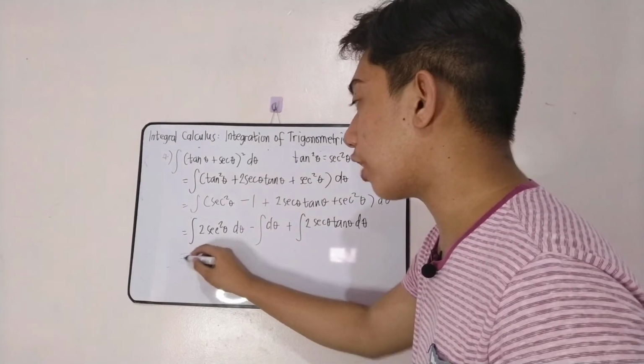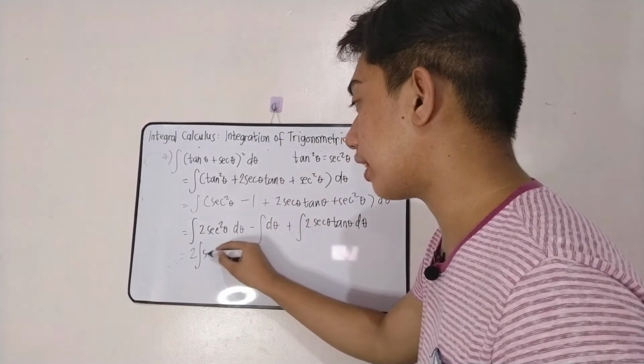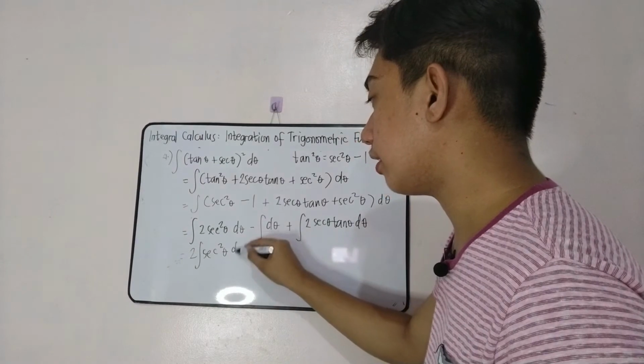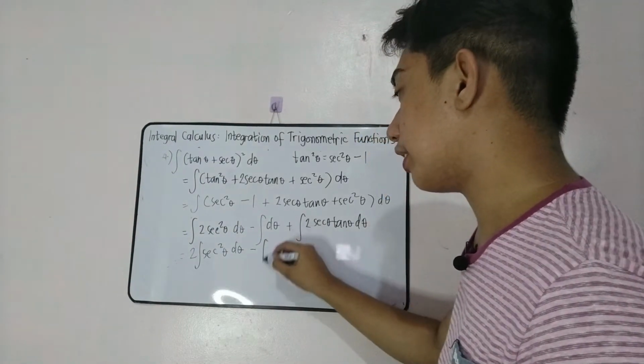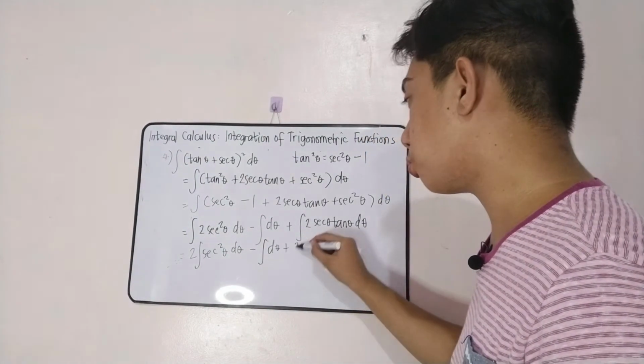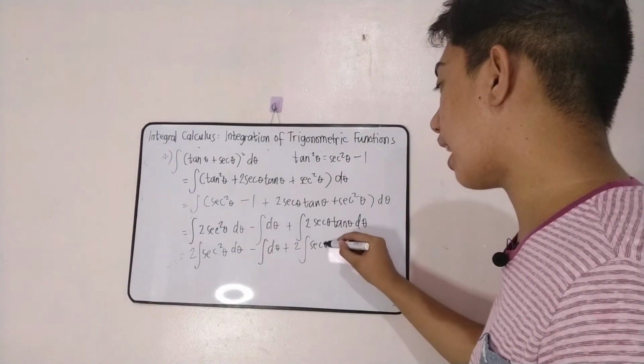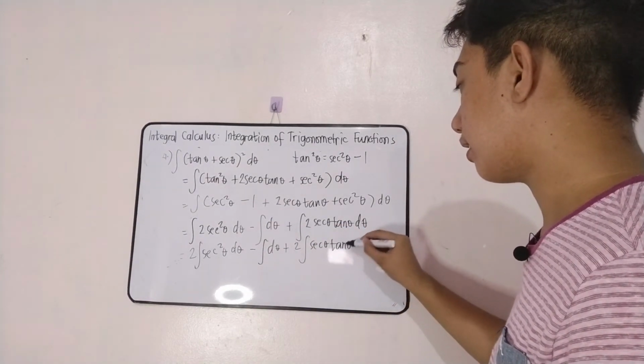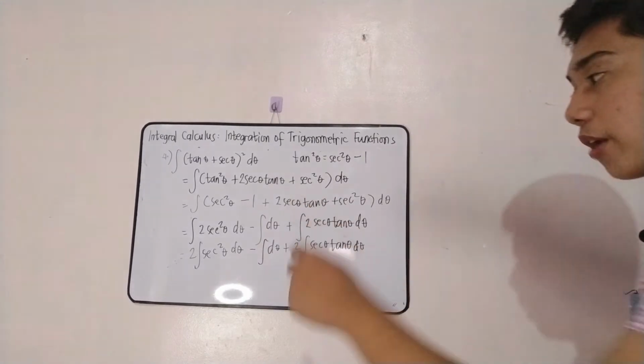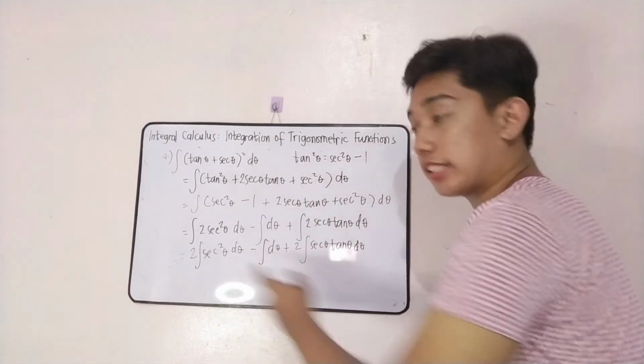Then, use the rule of the constant: 2 times the integration of secant squared theta d theta minus the integration of d theta plus 2 times the integration of secant theta tangent theta d theta. Now, the integral of this one is tangent.